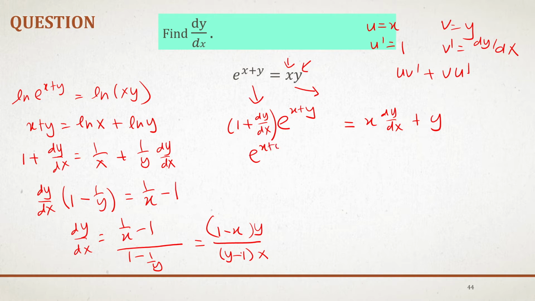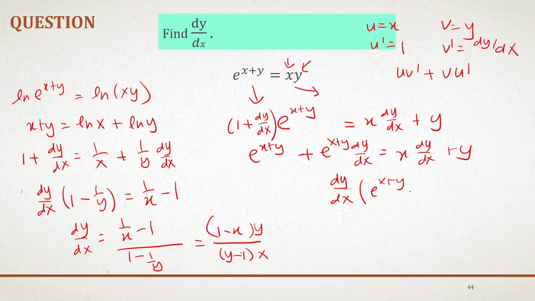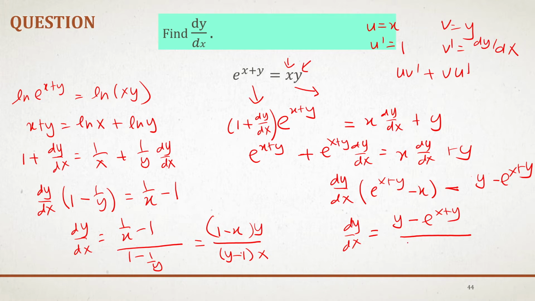So e^(x+y) + e^(x+y) dy/dx equals x dy/dx + y. So I gather dy/dx (e^(x+y) - x) equals y - e^(x+y).